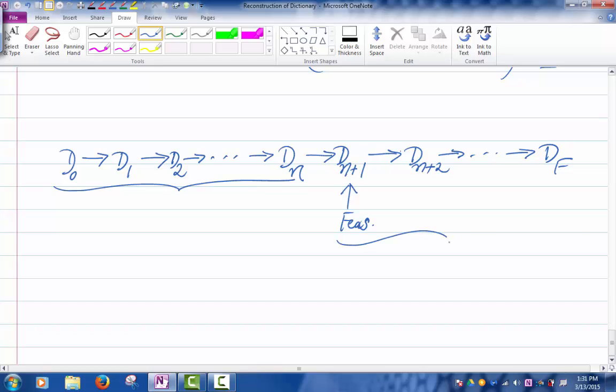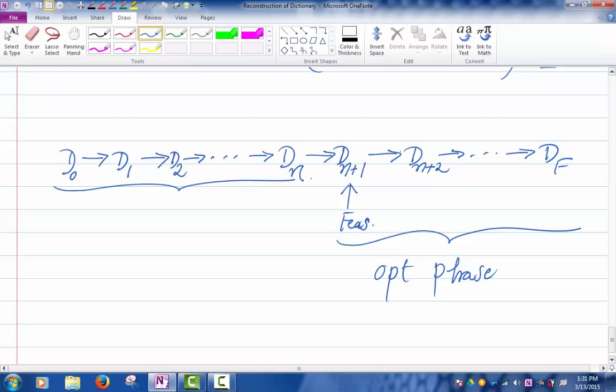So this is known as the optimization phase. We talked about this before. And this is called the D0 up to DN. So you're doing some sort of pivoting. Remember how we wrote our first dictionary, and so far I always had examples where the first dictionary is always feasible, right?